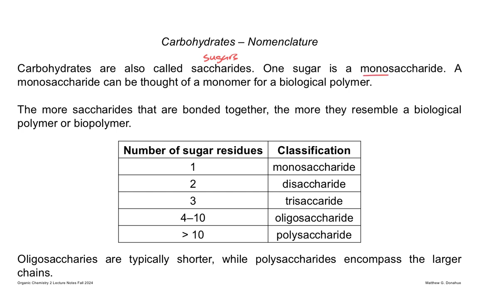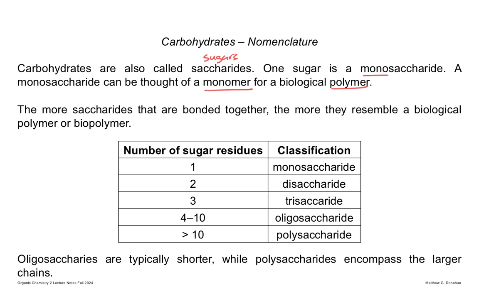The individual sugars can be thought of as monomers that, when linked together, form polymers. That's typically how your body stores sugars, as some sort of polymer that's then degraded to form these monomers that are metabolized to give you energy.